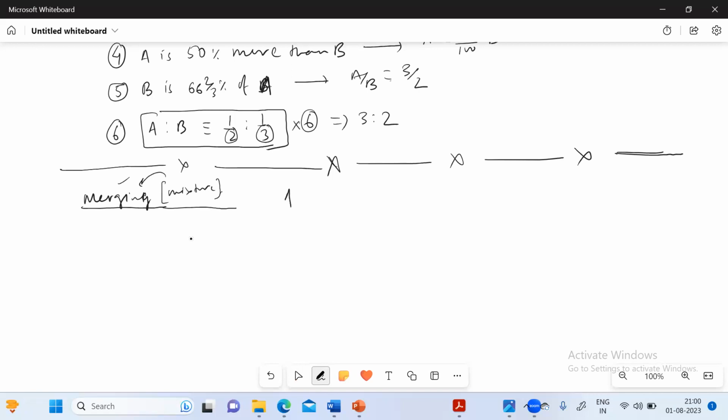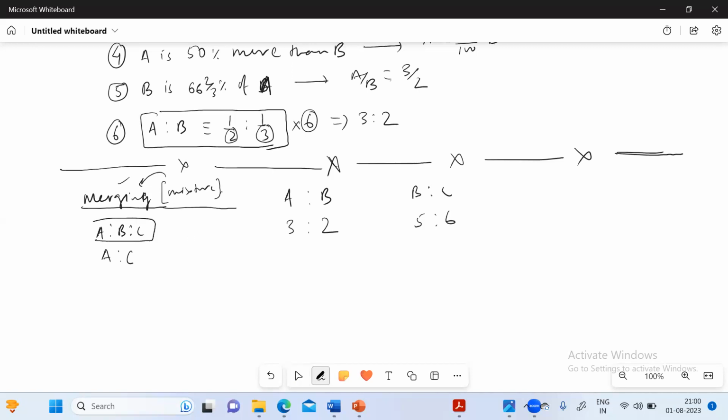So let's say there are two quantities A and B whose ratio is 3 is to 2, and then B is to C is in the ratio of 5 is to 6. And if someone asks what is the ratio of A is to C, or they can also ask what is the ratio of A is to B is to C.